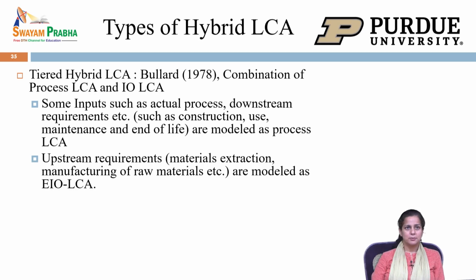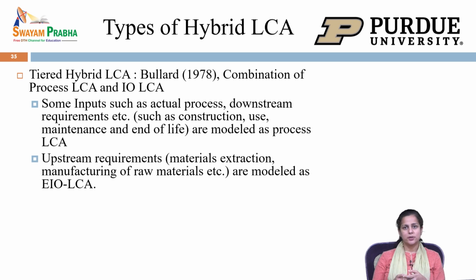The way tiered hybrid LCA works is that some inputs such as the actual process and downstream requirements such as construction are modeled as process LCA, because a lot of these have direct access to data and more availability of information to be able to model them directly as process. So, we use process LCA for the more immediate life cycle stages that are part of our LCA study. Some of the upstream requirements such as materials extraction or manufacturing etc.